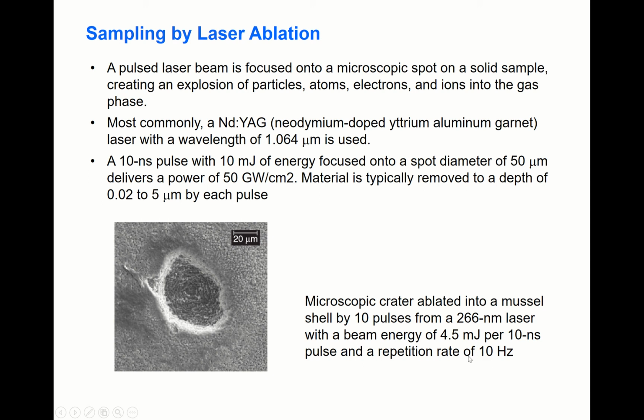Only 1 second. 10 pulses are focused on this small spot, and then atomization and all kinds of things happen. Atoms, electrons, and ions are produced, and what is produced is detected by atomic emission or absorption.